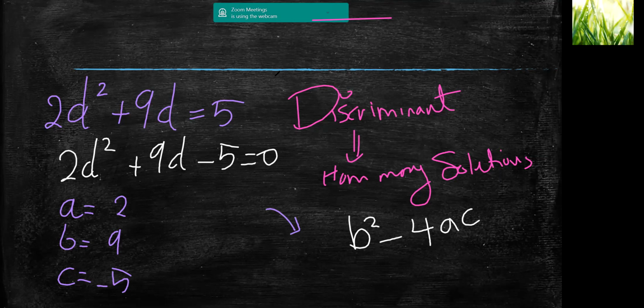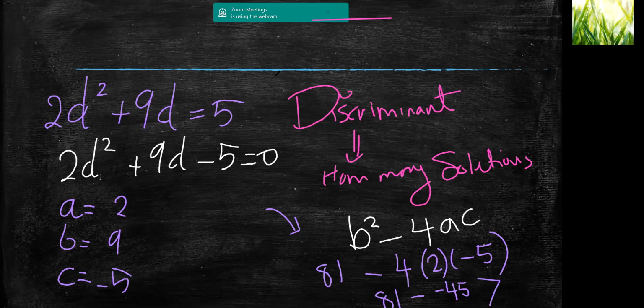B squared, which is 81, minus 4 times 2 times negative 5. 4 times 2 is 8, times negative 5, negative 40. So 81 minus negative 40. Is it greater than 0? Yes. So since it's greater than 0, we have two solutions.